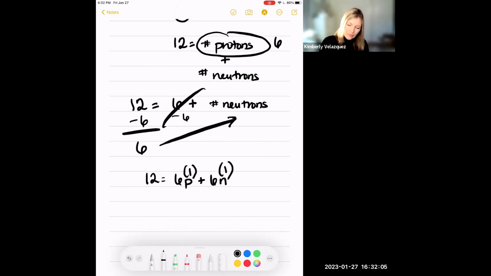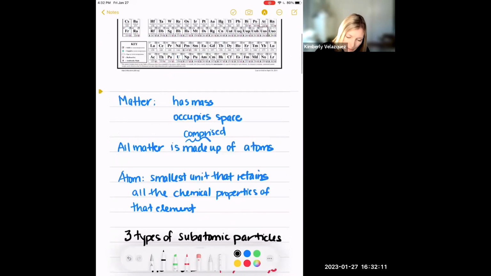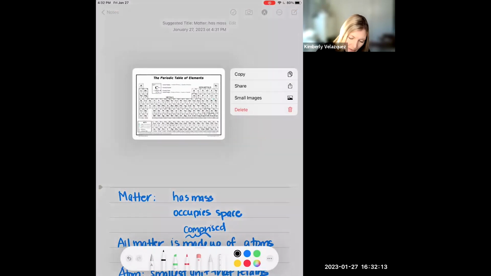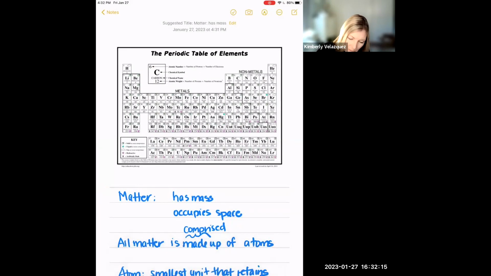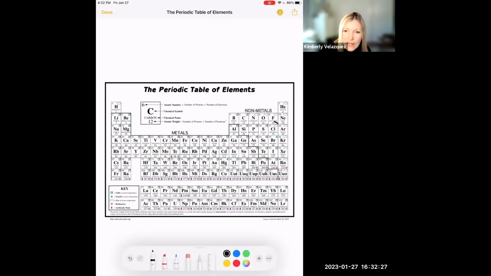So let's look at something where they're not equal. Let's look at another element on the periodic table. Let's scroll up here. Oops, gosh, that got really small. Let's look at fluorine. It's atomic number 9 and it weighs 19. So scrolling back down.